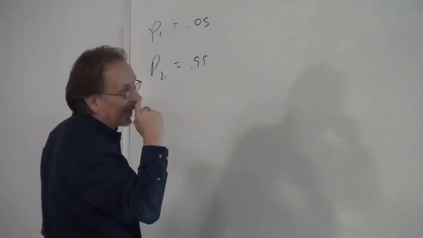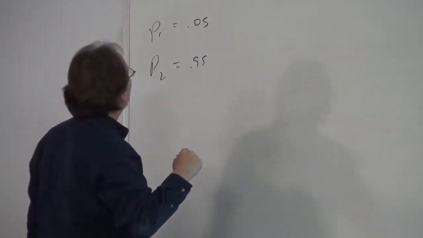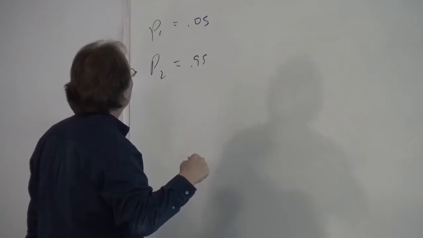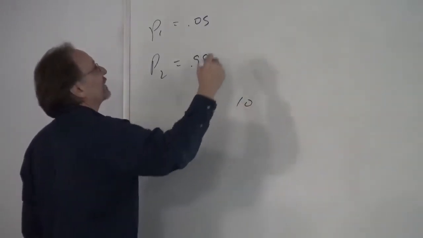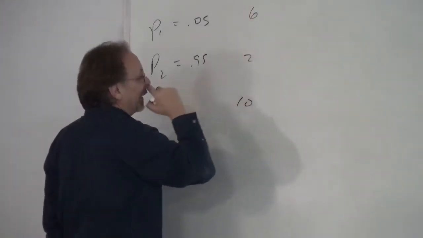I want to know the probability, in the next 10, of having 6 here and 2 here.